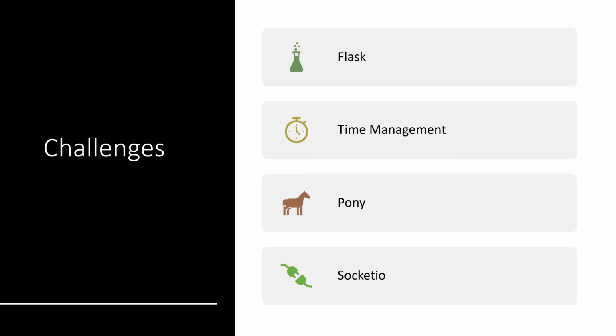So I suppose in reality it was a little bit of brute force trial and error, and just drawing on bits and pieces from examples online. But I got through it in the end. Time management, naturally, I had trouble with that. And I had a little bit of trouble with Pony, as I'd never used object relational mapping before, but it came to me after a while, just playing around with it.